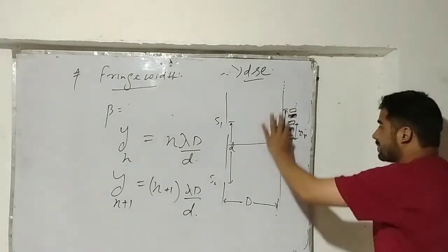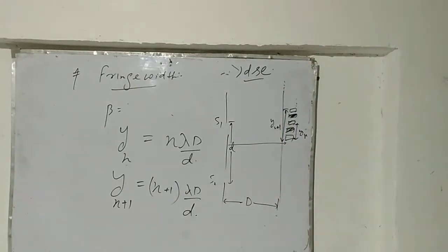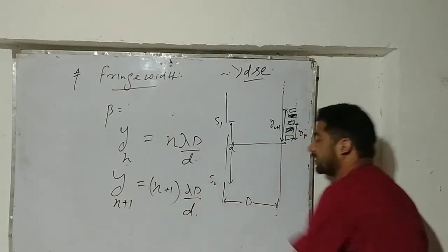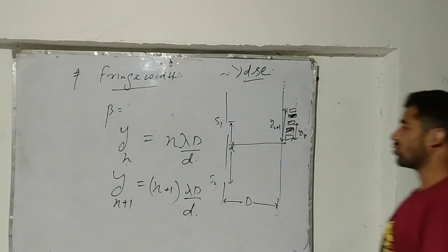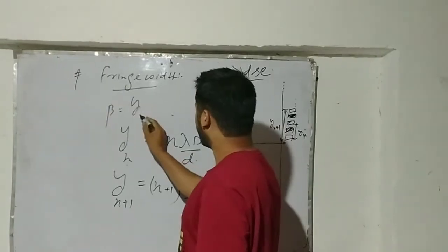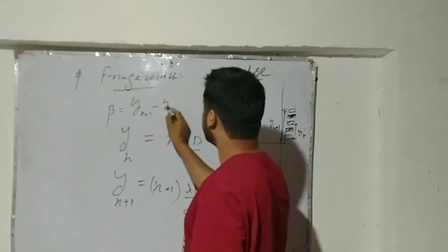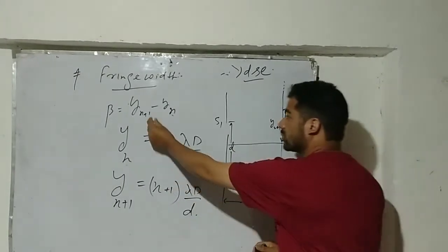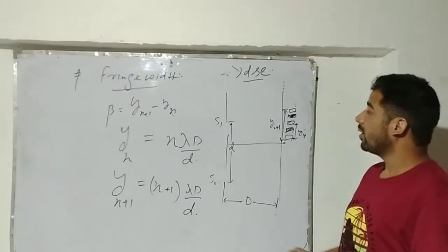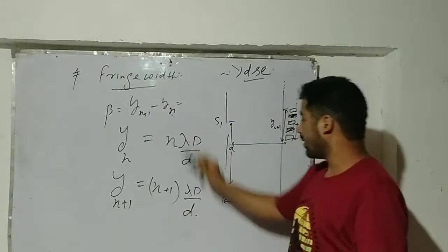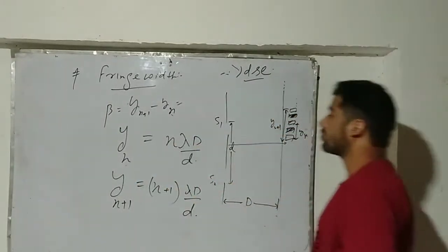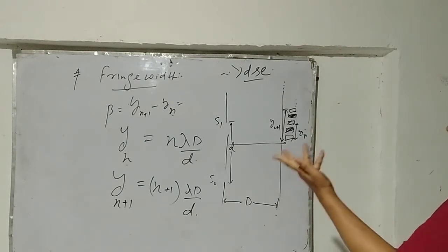The distance between these two is obtained when I subtract one from the other, so I will do n plus 1 minus n. I know yn, and yn plus 1 is also known to me, so I just take the simple difference.